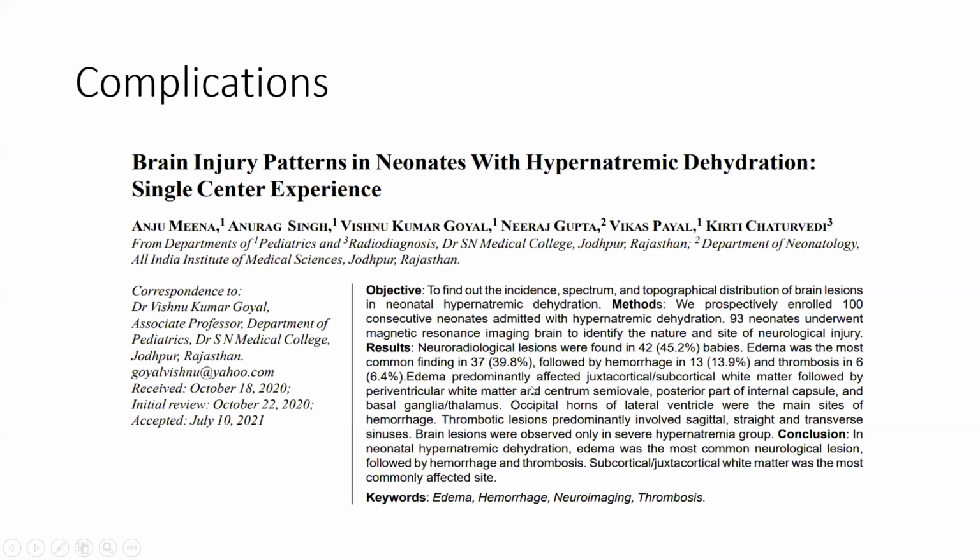They said the edema predominantly affected the juxtacortical and subcortical white matter, followed by the periventricular white matter, the centrum semiovale, the posterior part of the internal capsules, the basal ganglia and the thalamus. So you see, these are the complications you get in those patients.